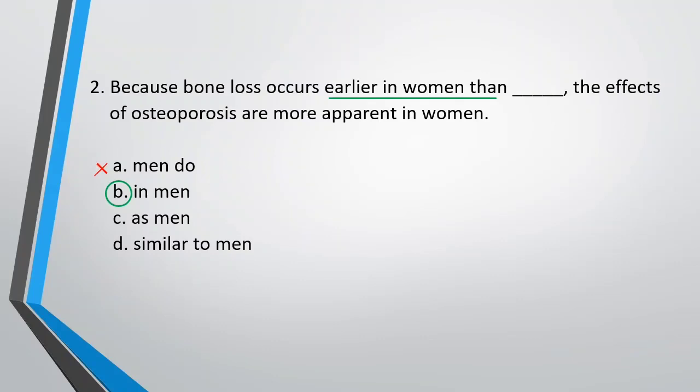C. As men. Incorrect. D. Similar to men. Incorrect, because their structures are not parallel. The complete sentence is: because bone loss occurs earlier in women than in men, the effects of osteoporosis are more apparent in women.